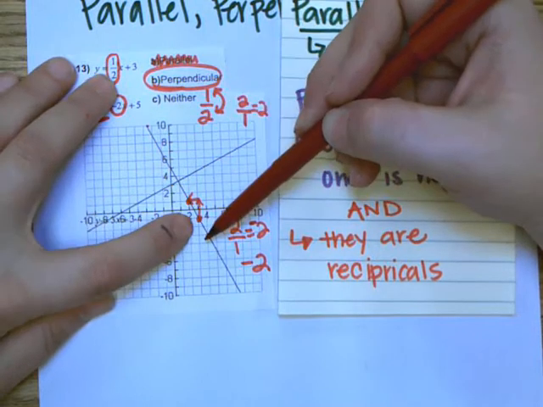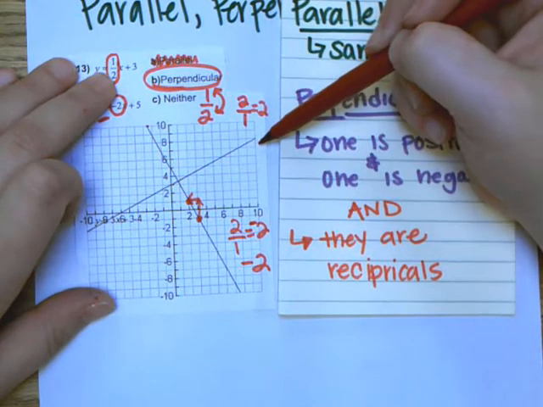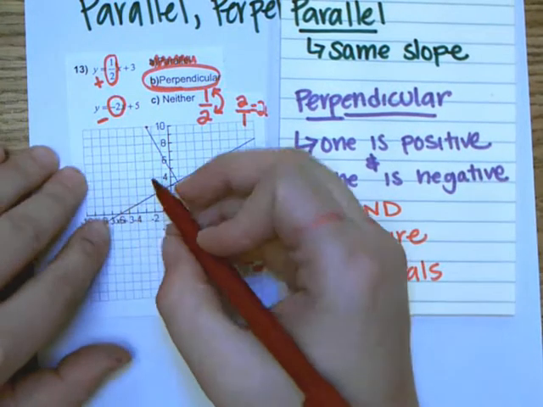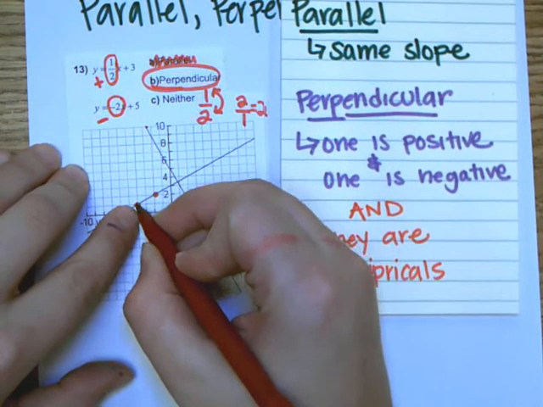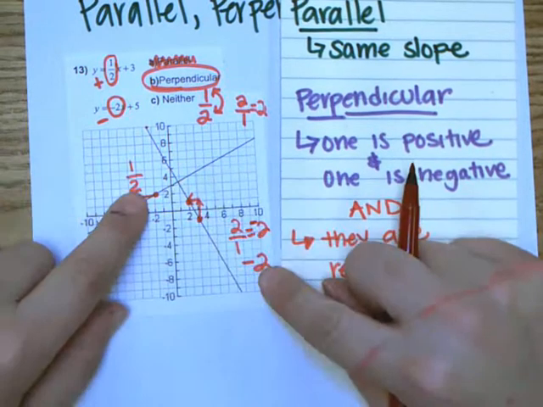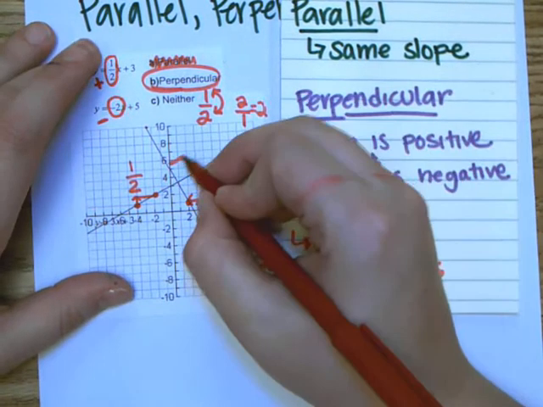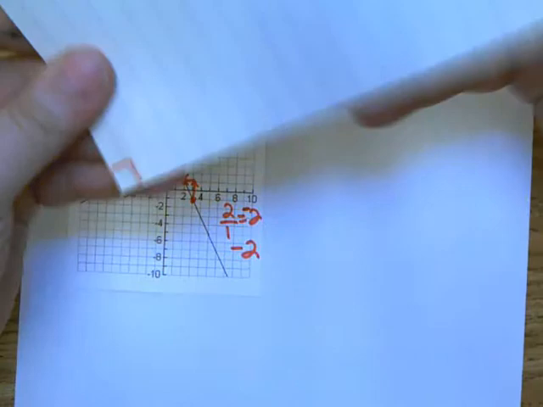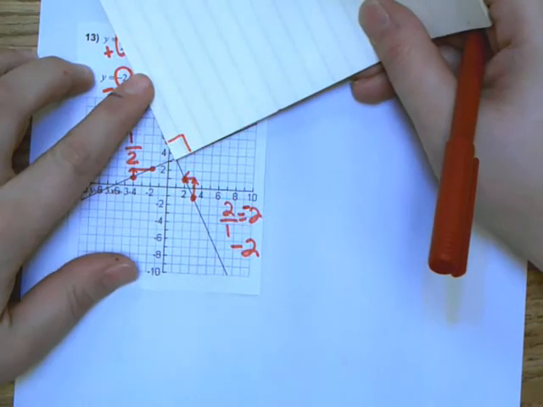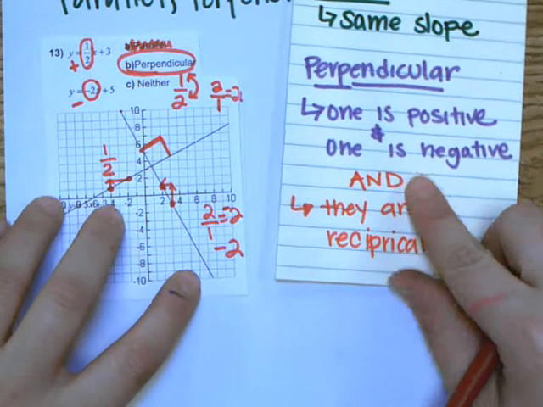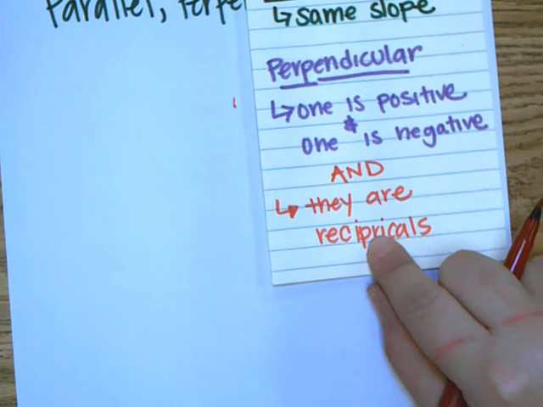In order for 2 lines to cross at right angles, one of them has to be going down and one of them has to be going up. So the slope here, if I pick 2 points, I have to rise 1 and run 2. So as you can see, this is a right angle. They are perpendicular. If I put my piece of paper right there, it makes a right angle. And the reason why, again, is one of them is positive, one is negative, and they are reciprocals.